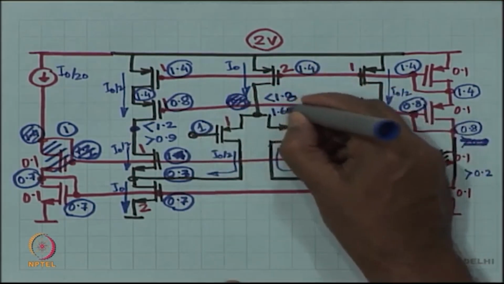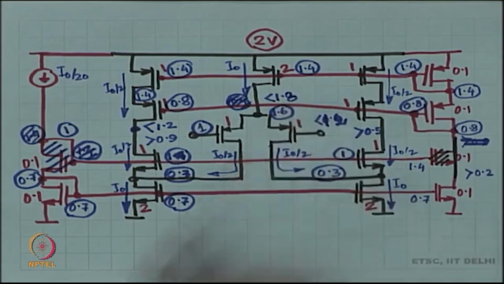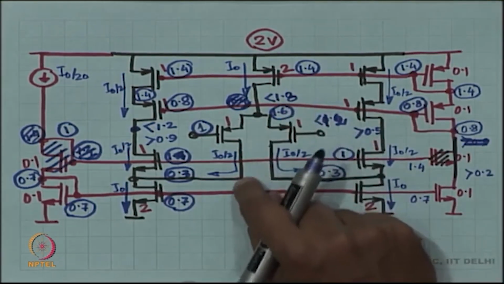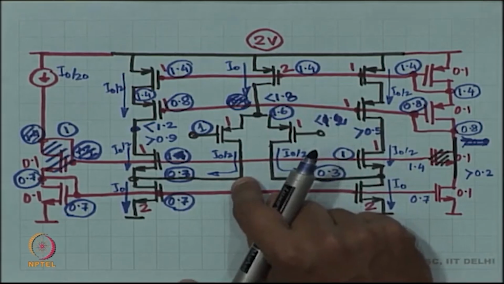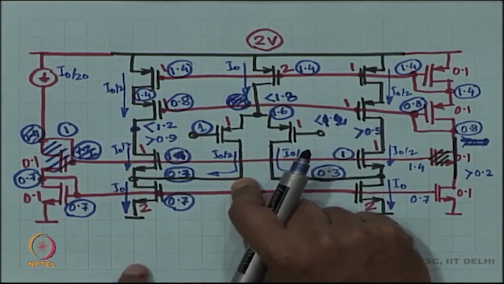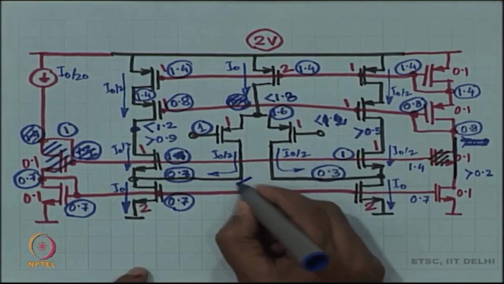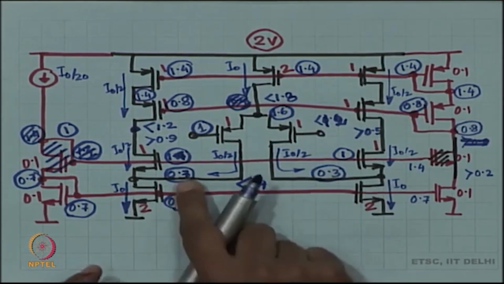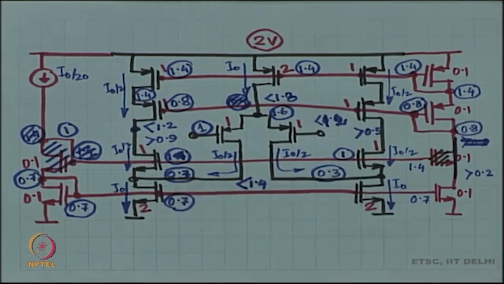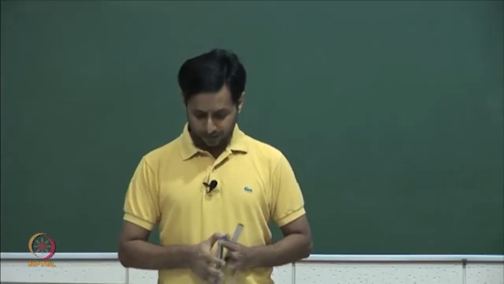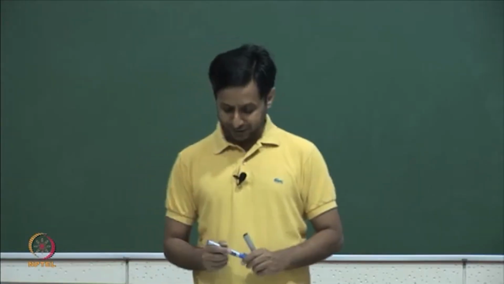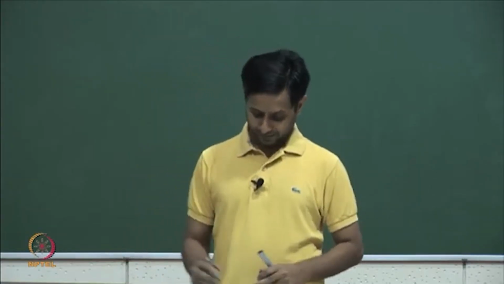So, 1.6, which is less than 1.8, and therefore, the maximum voltage here is 1.4, and 0.3 is well below 1.4. So, you are doing a pretty decent job. Anyway, so this is the folded cascode amplifier.